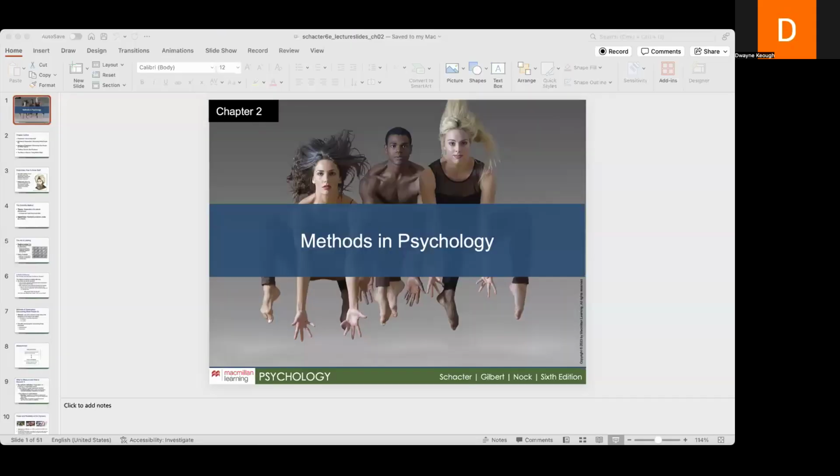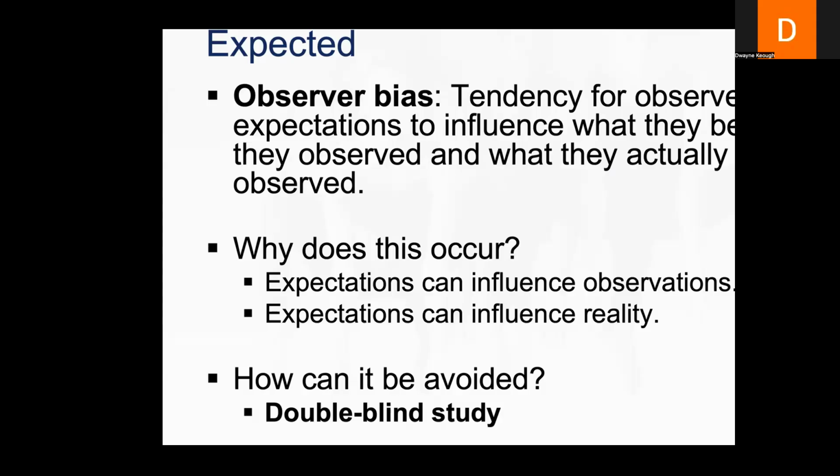Why does this occur? Well, our expectations can influence our observations. Remember, you have this great big brain, and this brain is almost, you can think of it as a predictive machine. It's trying to expect and anticipate what would happen next. Our expectations of what could happen can influence the reality of what we see.